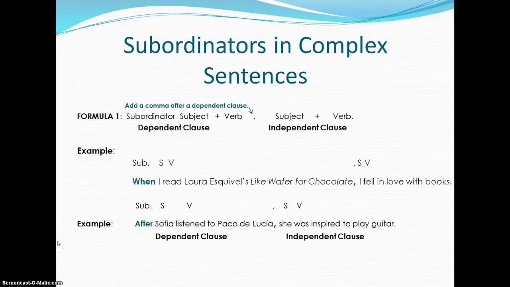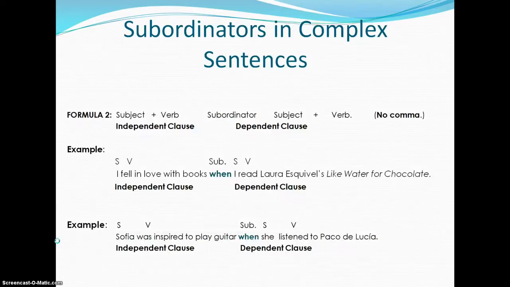I'm going to go ahead and continue with the second formula. Another way to write a complex sentence is basically the reversed order. You have the independent clause followed by the dependent clause, but notice that we do not use a comma.